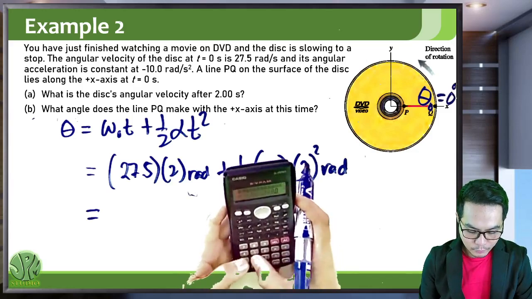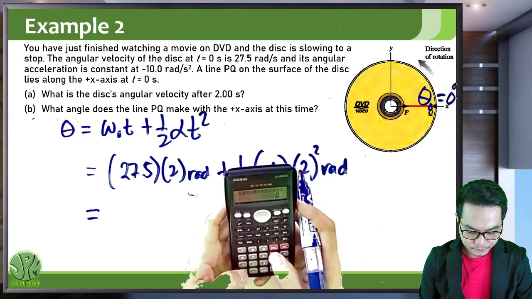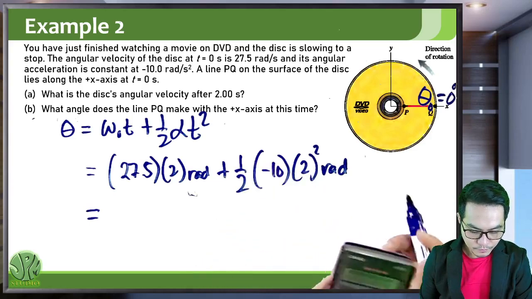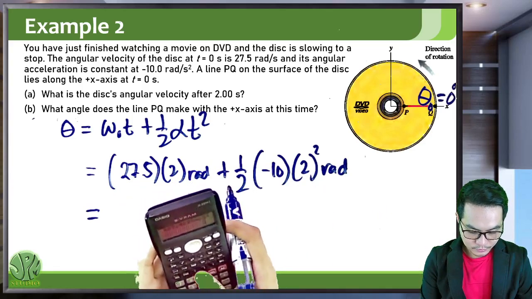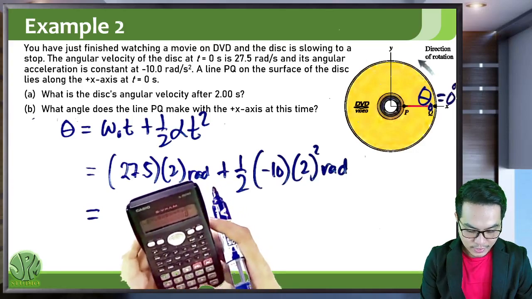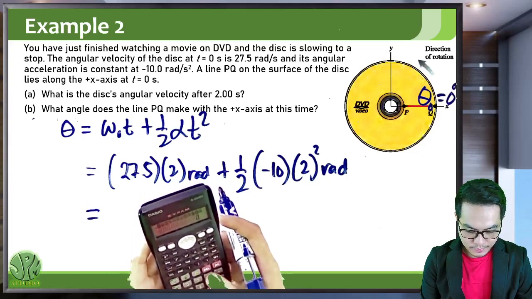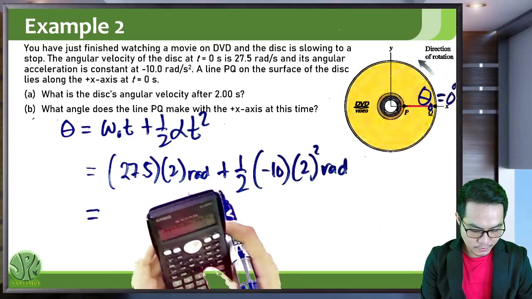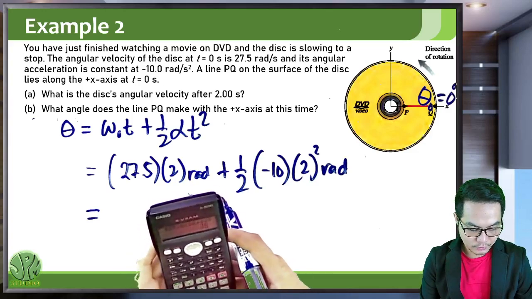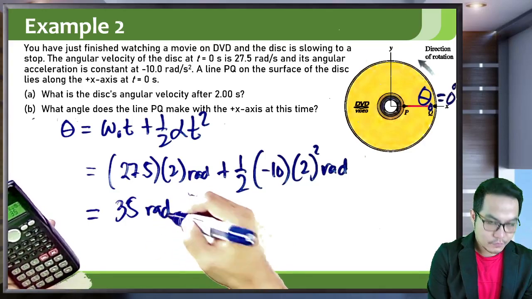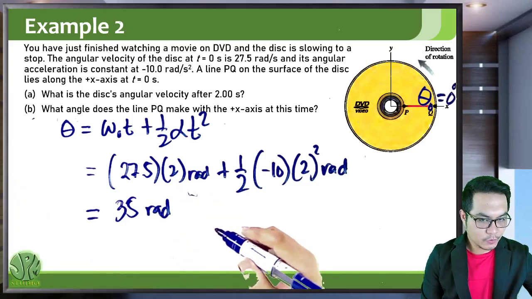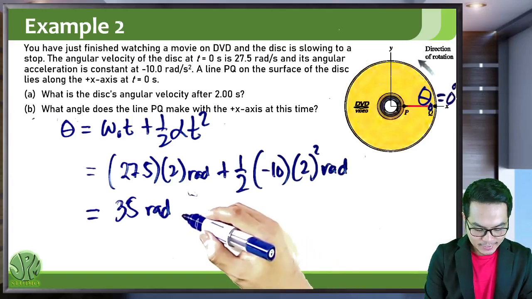So you will have 27.5 times 2 plus 1/2 times -10, then 2 squared is 4. So you will get 35 radians. So you need to convert this into degrees.